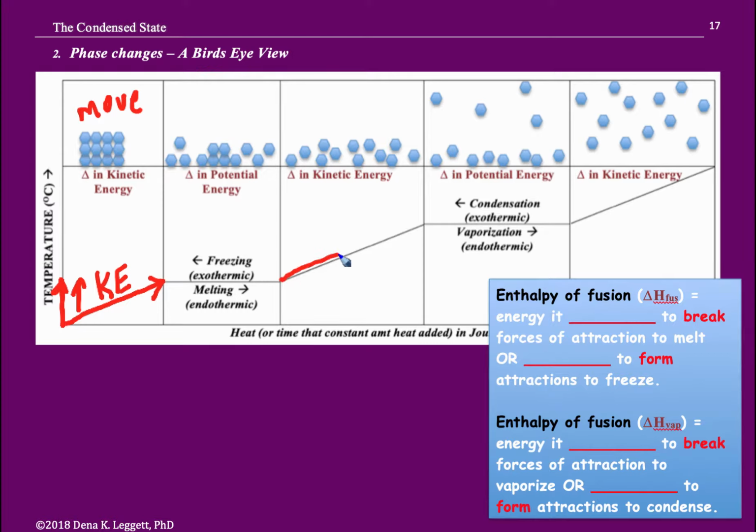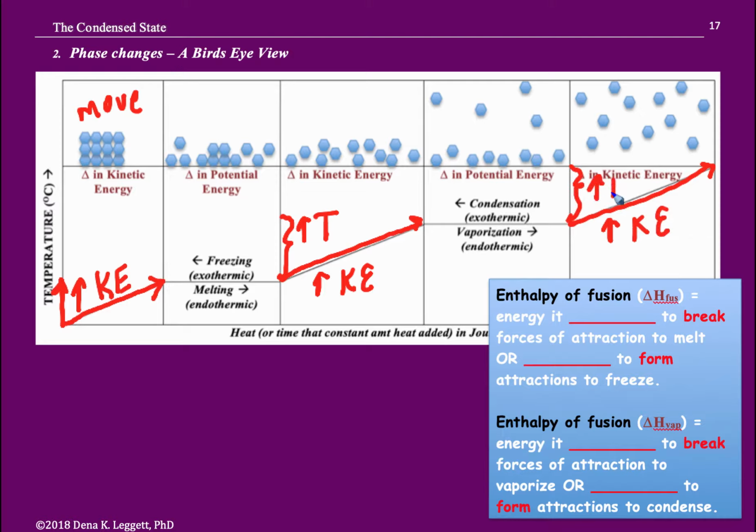This is where I would be heating a liquid. So I would be increasing the kinetic energy of the liquid, and that would be measured as an increase in temperature. And finally, I can heat a gas, an increase in kinetic energy as measured by an increase in temperature.